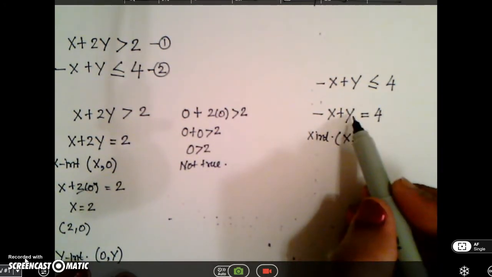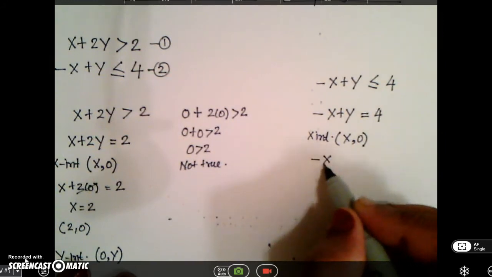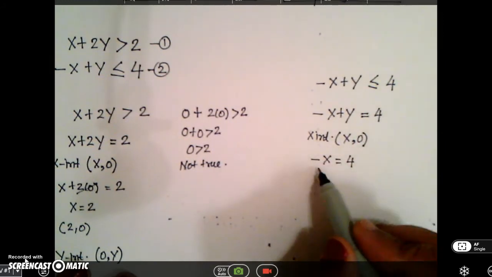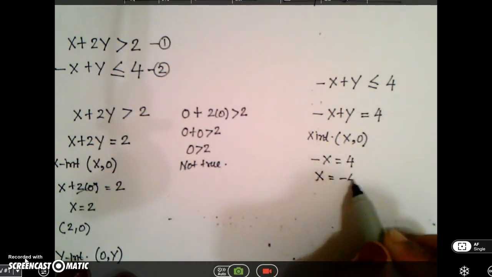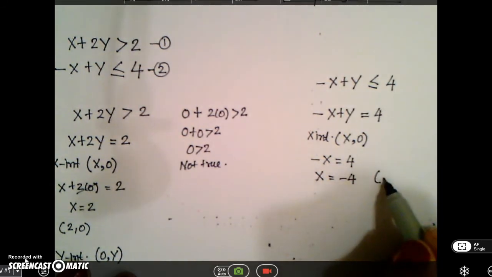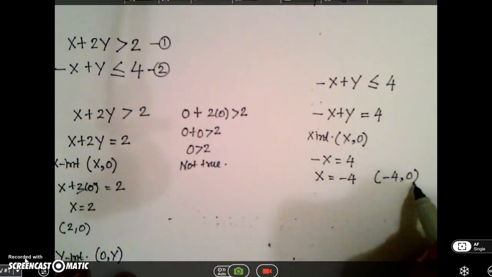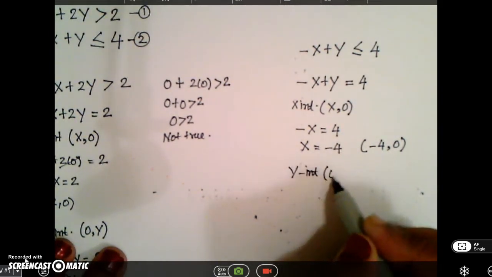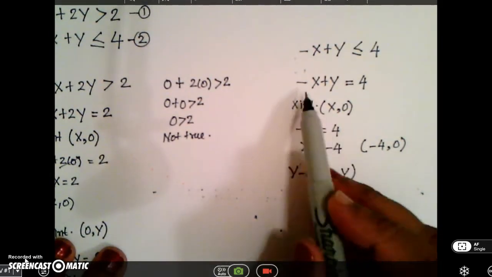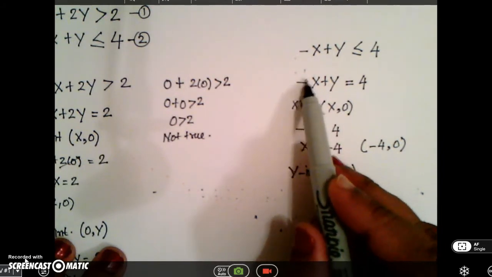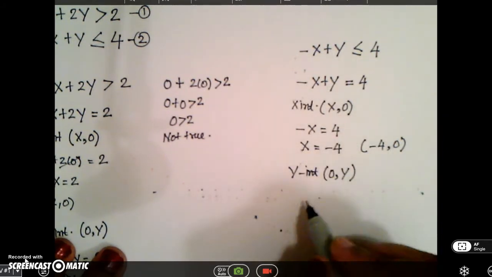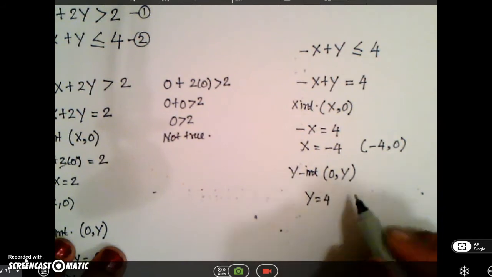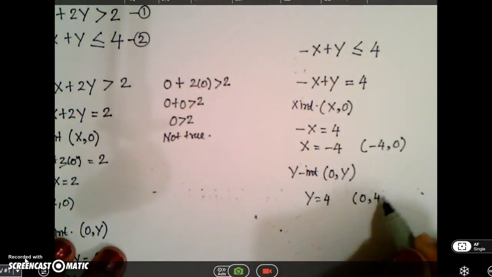If I plug in y as 0, -x = 4, or x = -4. So my x-intercept is (-4, 0). My y-intercept is the point (0, y). If I plug in x as 0, this whole term goes away and I have y = 4. So my y-intercept is (0, 4).